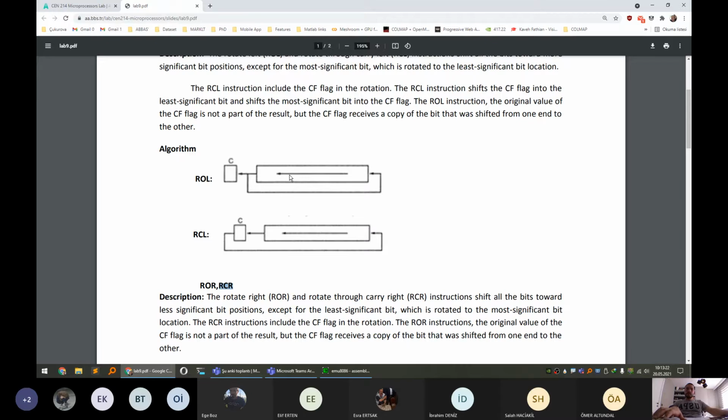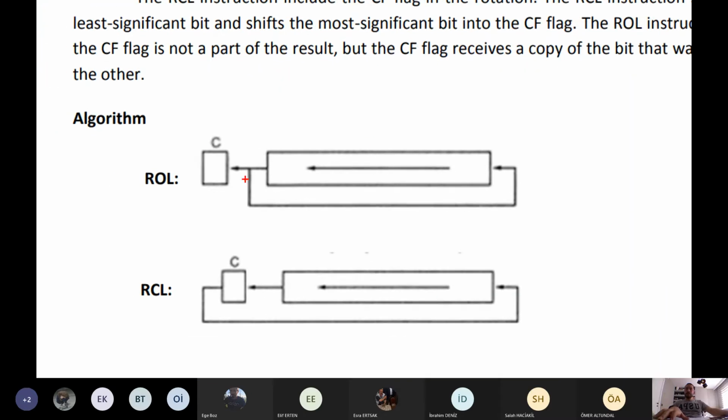Here is, let me zoom a little bit. This is our register, memory, whatever the value. Let's say this is our value, and we want to rotate left this value by using ROL, rotate left command.